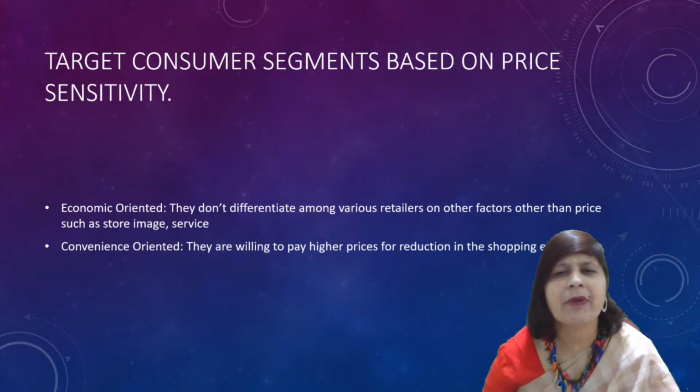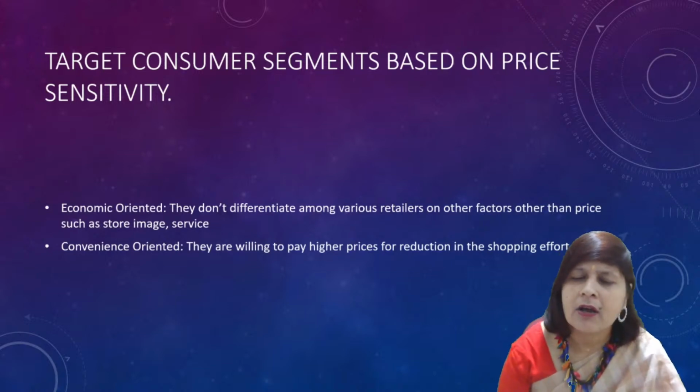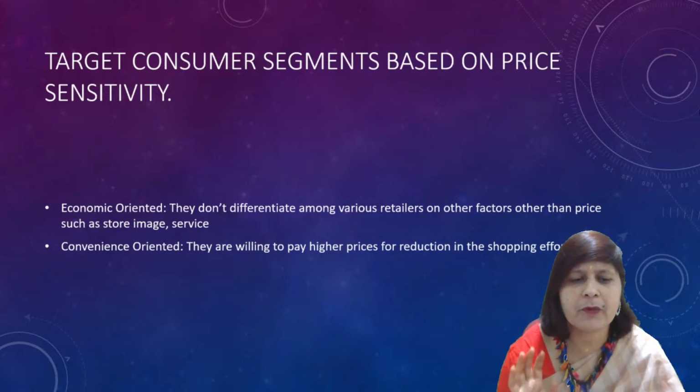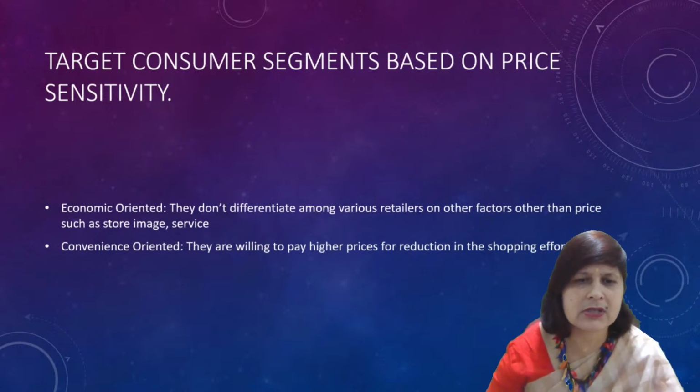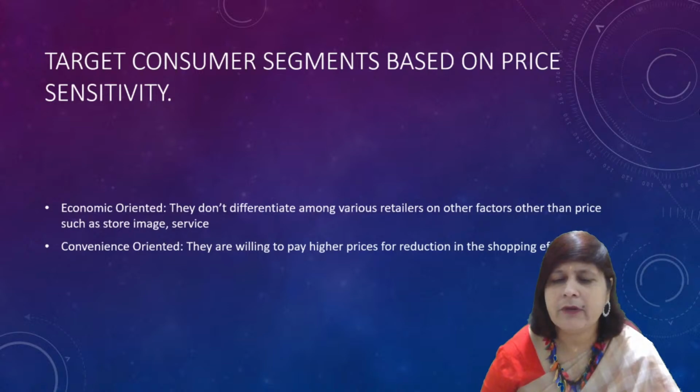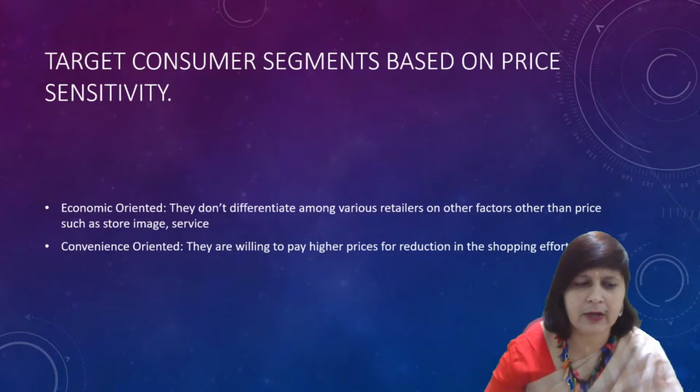They are just price conscious. They differentiate among retailers on the basis of the price of the product, not any other factor. That is known as economic oriented. They differentiate on the basis of price only.